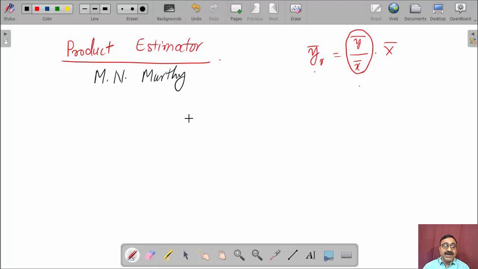In this estimator, as the name suggests, we use the product of two sample means to estimate the population mean. So, the product estimator of the population mean Ȳ is given by Ȳ_p, that is equal to small ȳ into small x̄ by capital X̄.